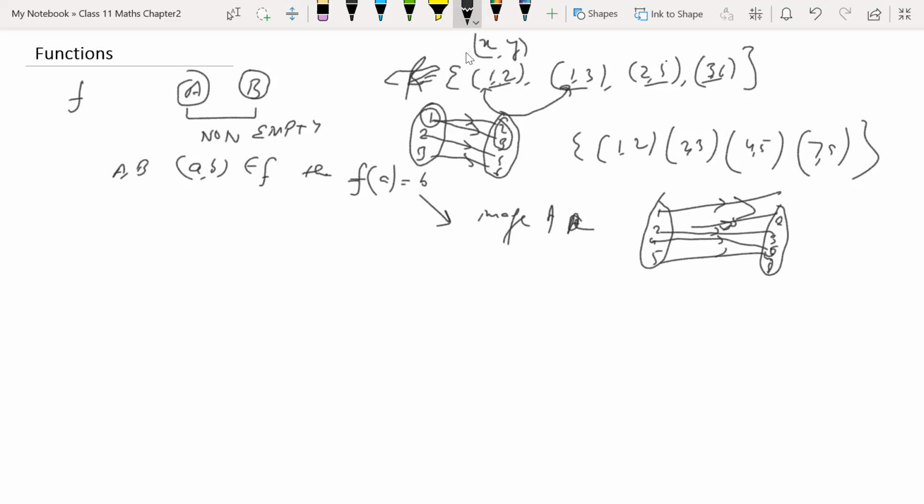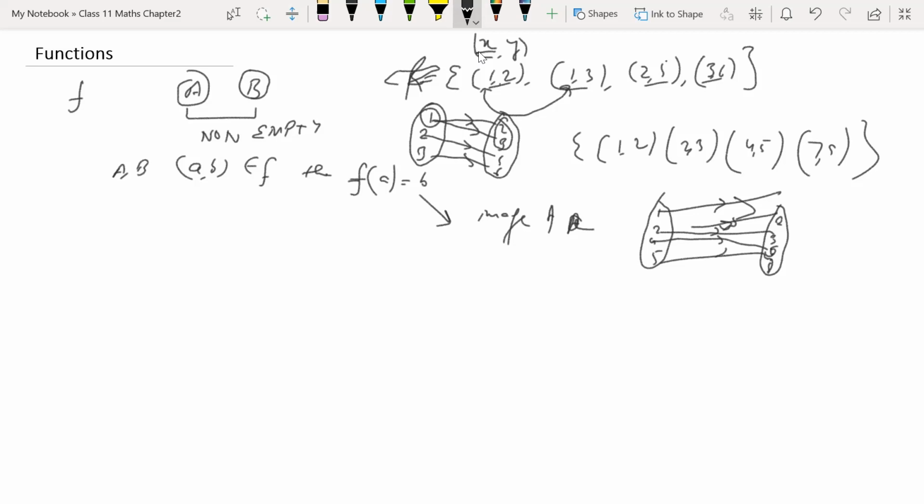If x is repeated, then that would not be a function. No duplicacy in the x values. I hope you understand this function very well.